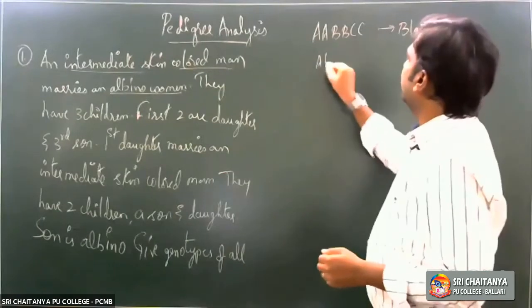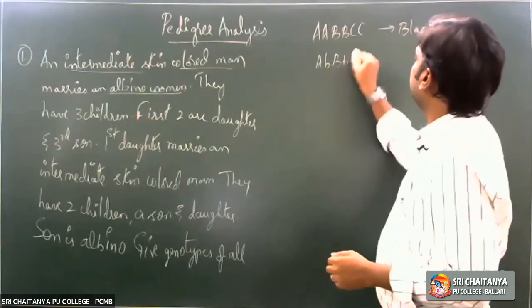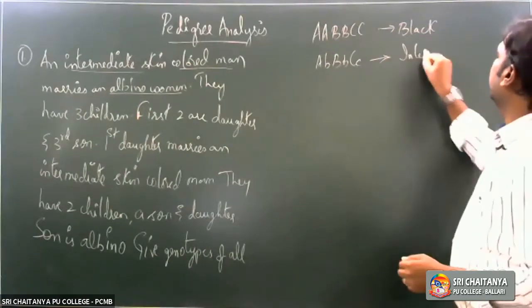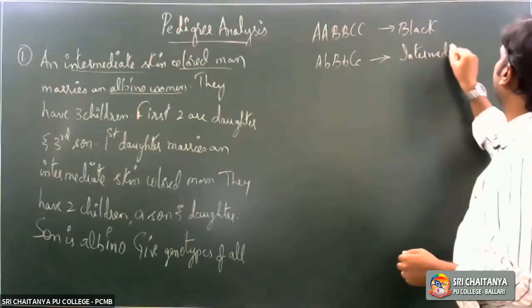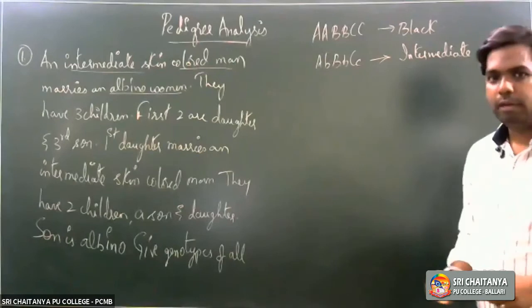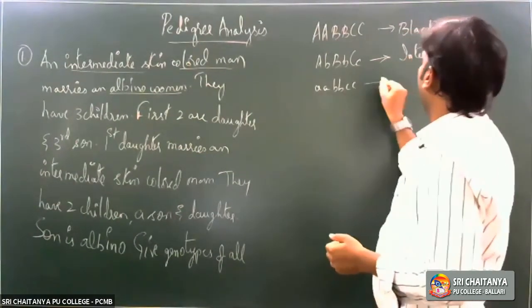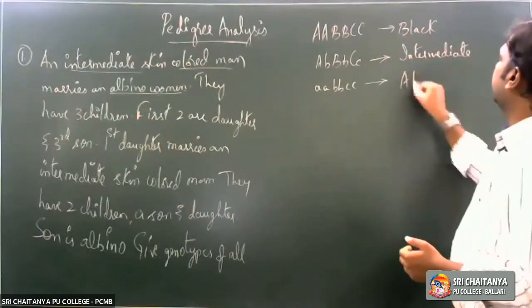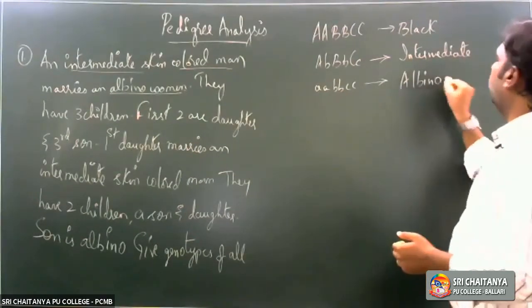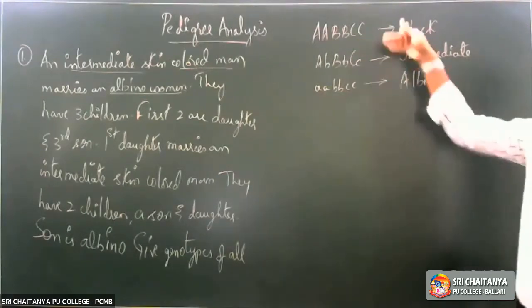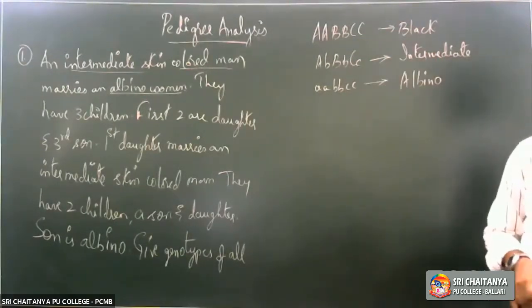If all are heterozygous, the individual is intermediate. When all are recessive, the individual is albino. This is what we have with regards to inheritance of skin color in humans.